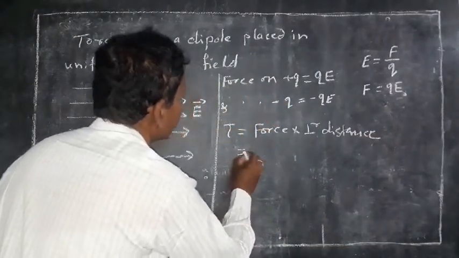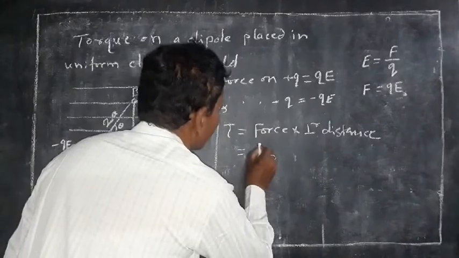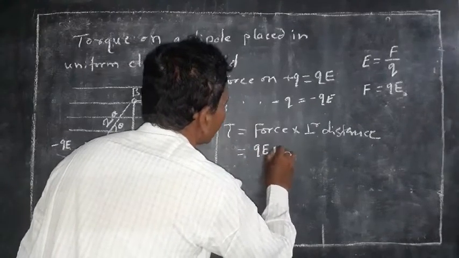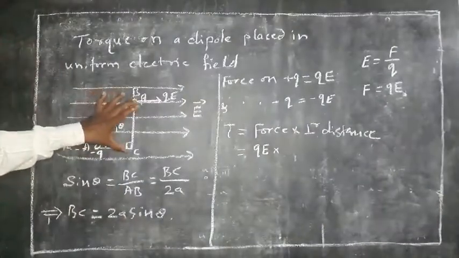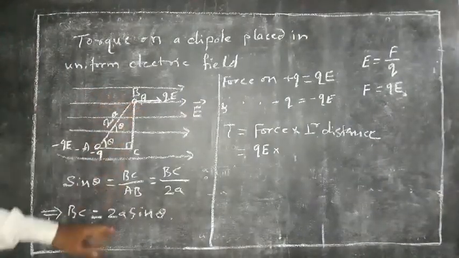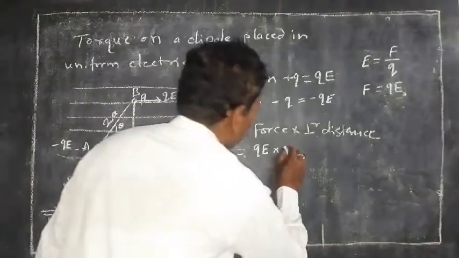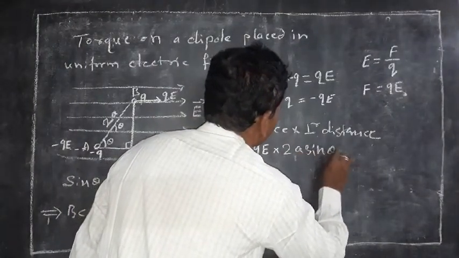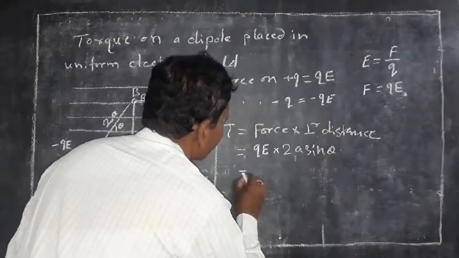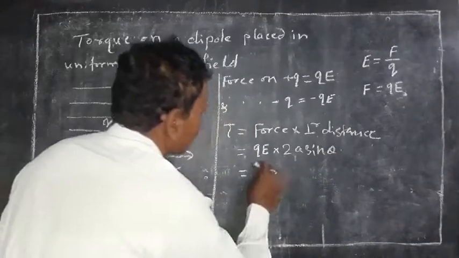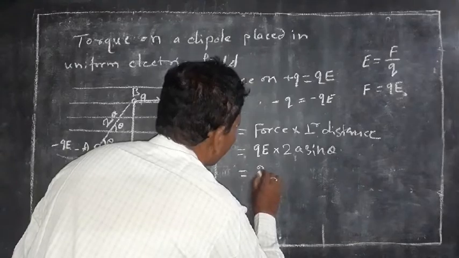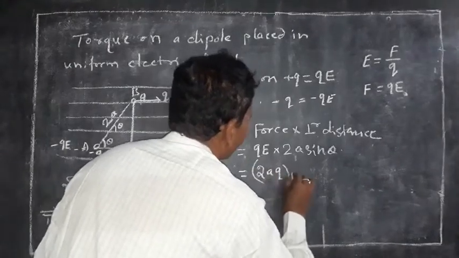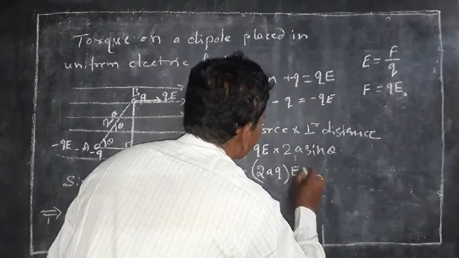Here force is either of the forces, Q into E, into the perpendicular distance BC, and BC equals 2A sin theta. Rearranging the terms, we can write it as 2AQ into E sin theta.